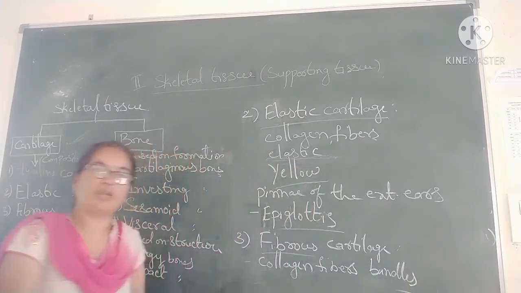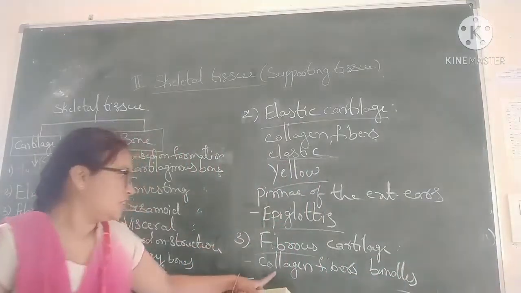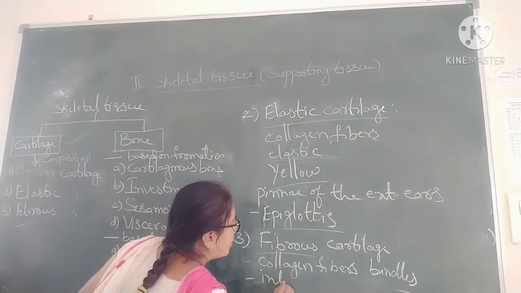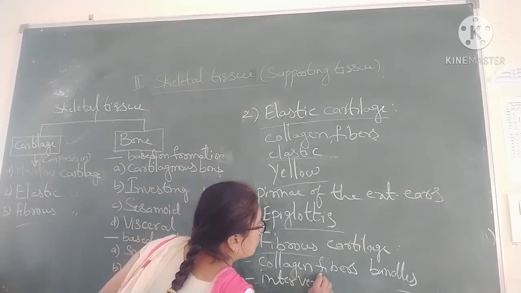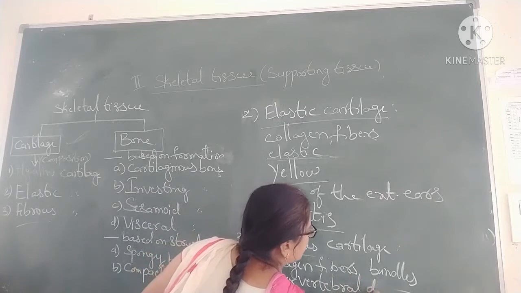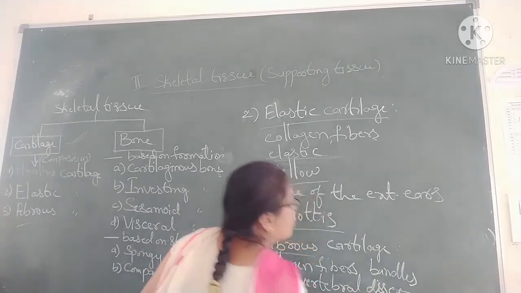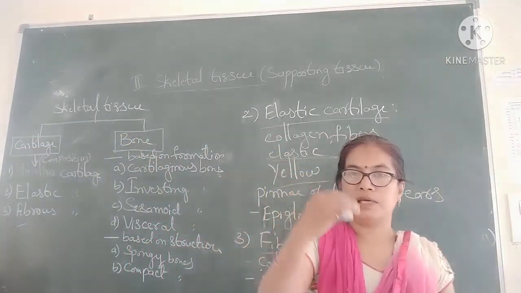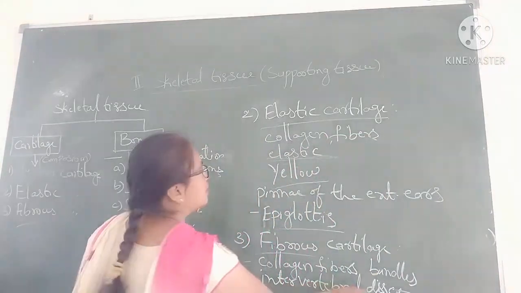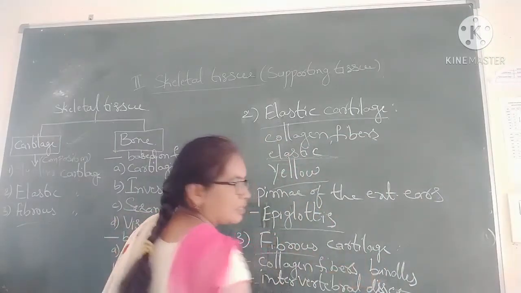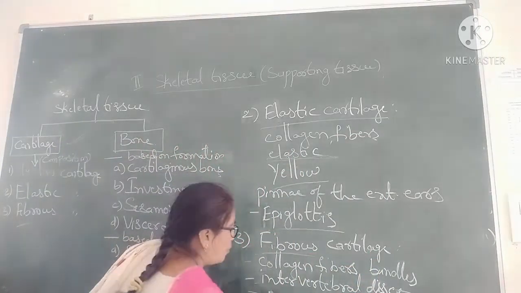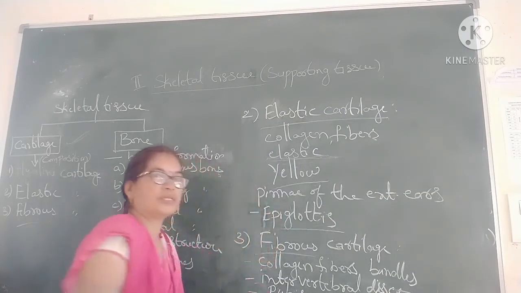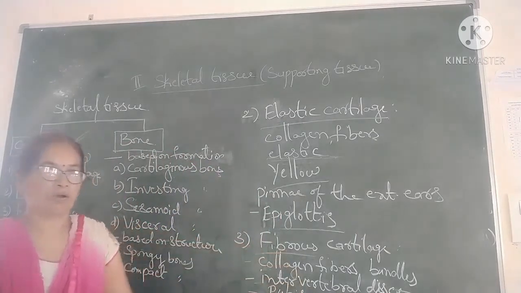Fibrous cartilage is present in the intervertebral discs. Our vertebral column contains vertebrae, and in between the vertebrae are the intervertebral discs, which contain fibrous cartilage. The pubis is also made of fibrous cartilage.